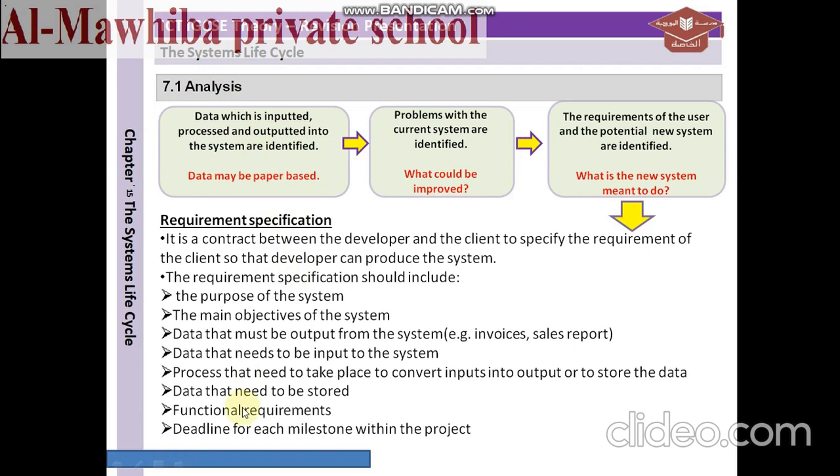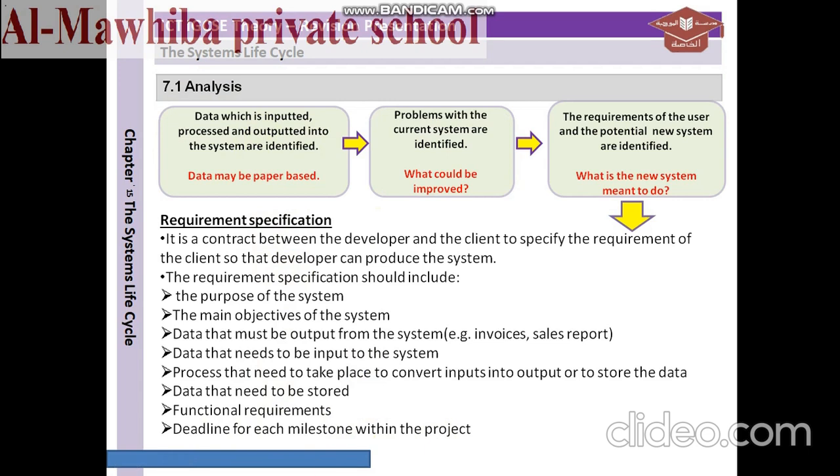Then where we can store all this data, that is, the data that needs to be stored. Then the functional requirements, and also the deadline for each milestone within the project. These are the major requirement specifications. The requirement specification is a contract between the developer and the client in order to create a new system.